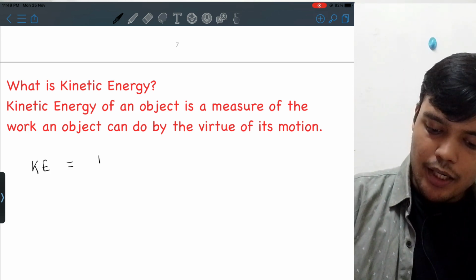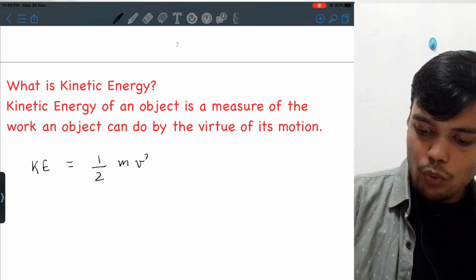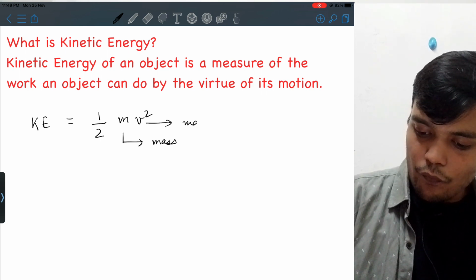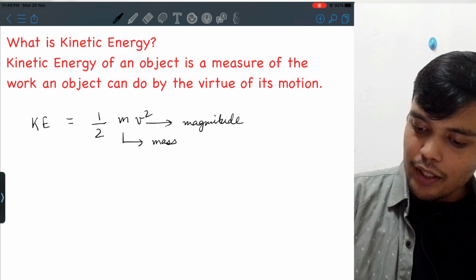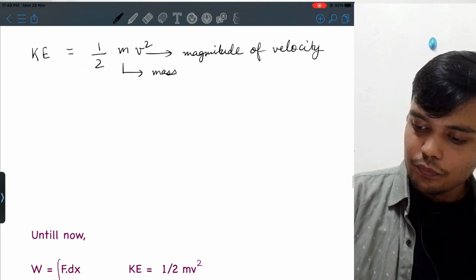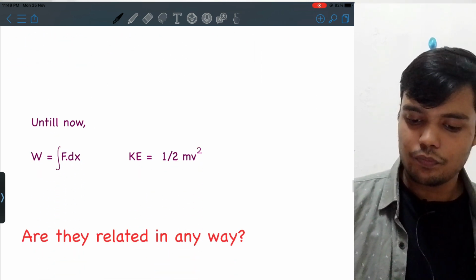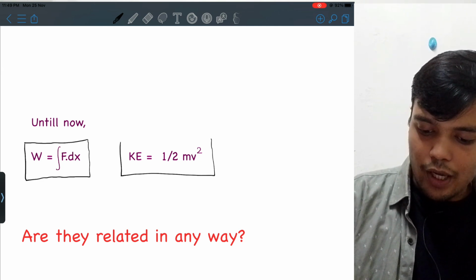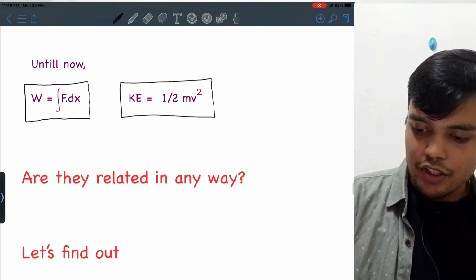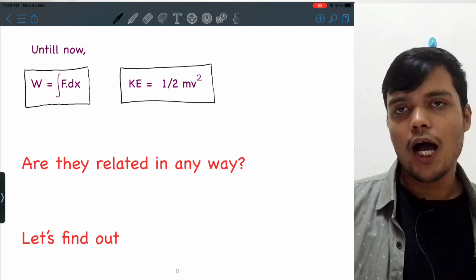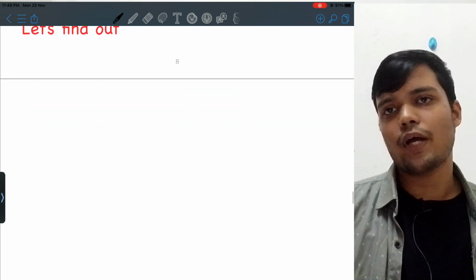Mathematically, kinetic energy is equal to half m v square, where m is the mass and v is the magnitude of velocity. Until now, we have found work is equal to F dot dx and kinetic energy is equal to half m v square. The question now is, are they related in any way? Let's find out.